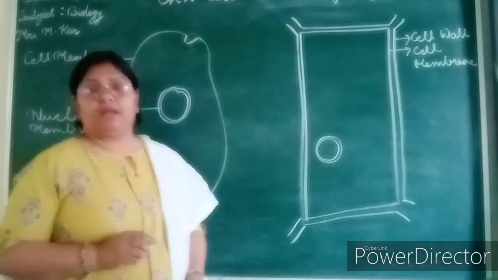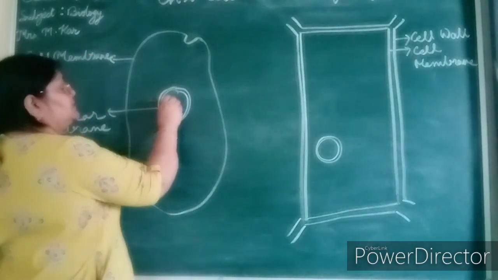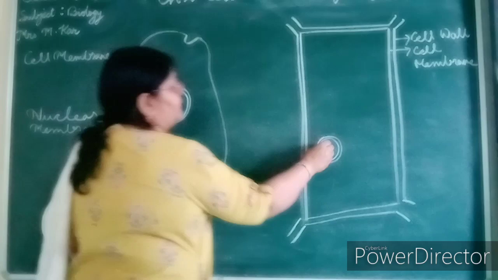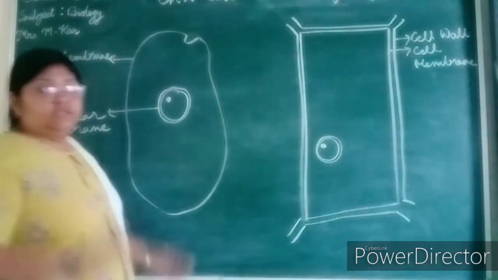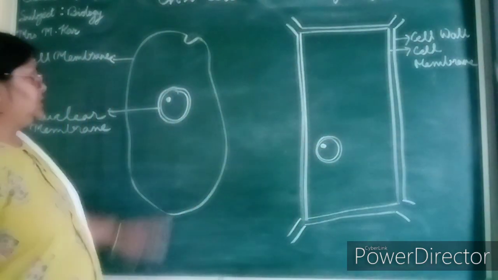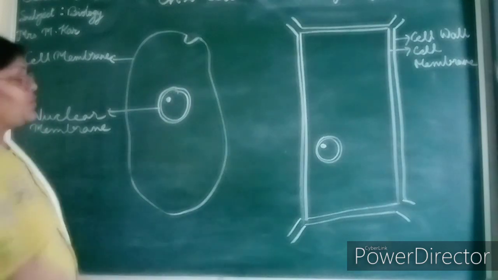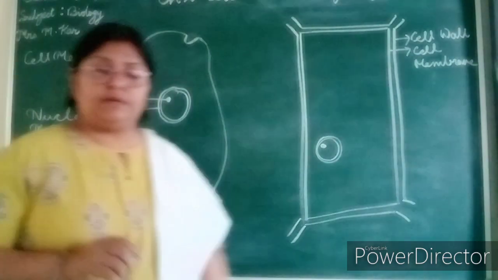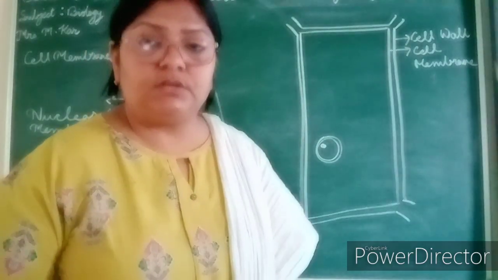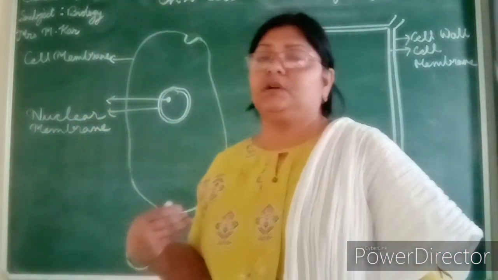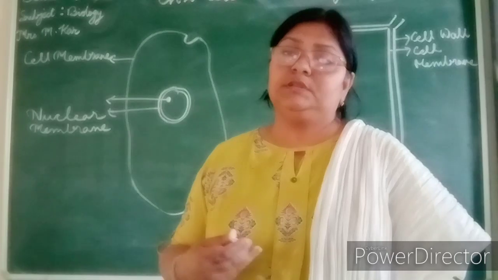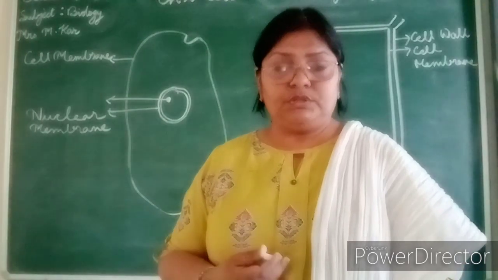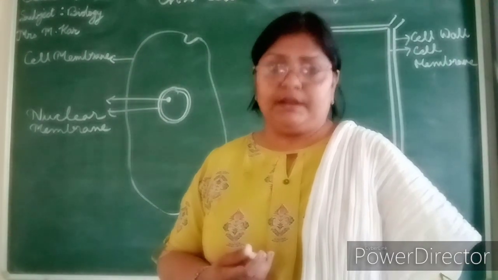There is a rounded structure, maybe one or more than one at times. But it is fixed for organisms. So this rounded structure helps in the synthesis of protein along with another structure called ribosomes. We'll draw it as we are completing.